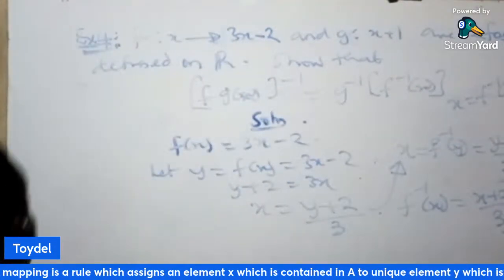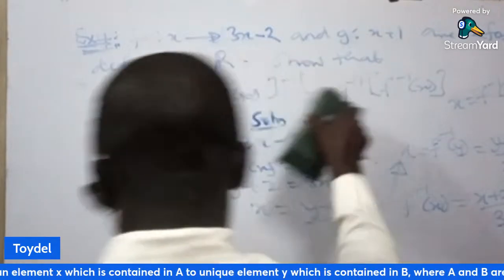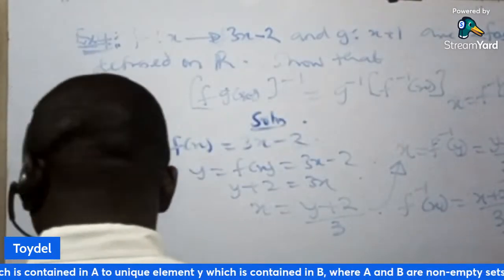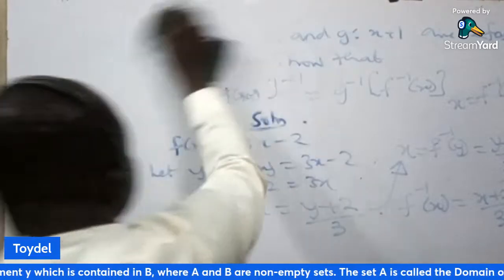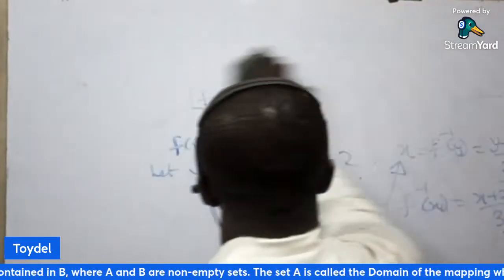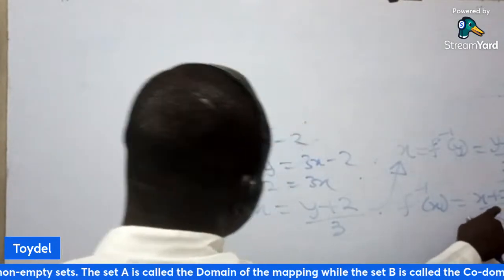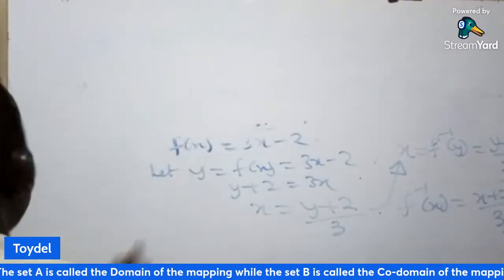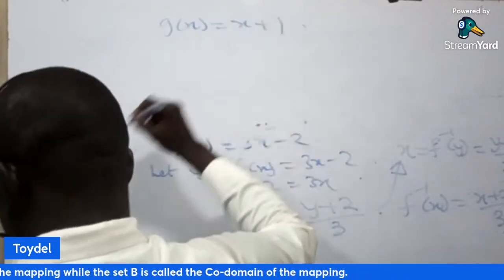We are able to show that f inverse of x is this. So what is g of x? We have gotten the f inverse of x as x plus 2 all over 3. Then we know that g of x is equal to x plus 1.